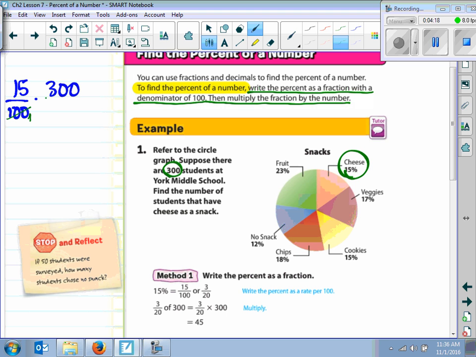And then 300 divided by 100 is 3. So, 15 times 3 is what? 45 over 1, which is just 45, which is what we have right here. Is everybody clear?